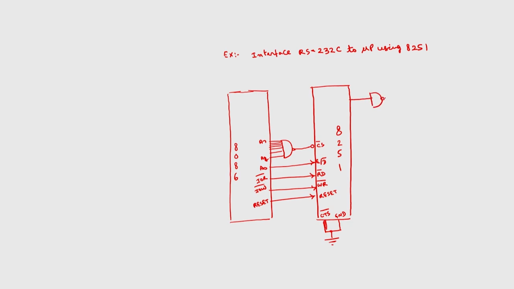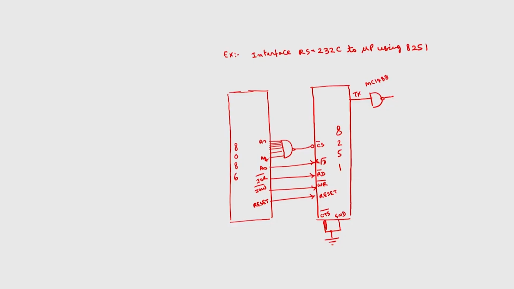I have to connect it through the MC1488, which I discussed in the earlier lecture. 8251 operates with TTL levels, whereas the RS-232 interface has different levels. So, to convert the TTL levels into levels compatible with RS-232C, we use this MC1488 IC, and this will be connected to the RS-232 interface.